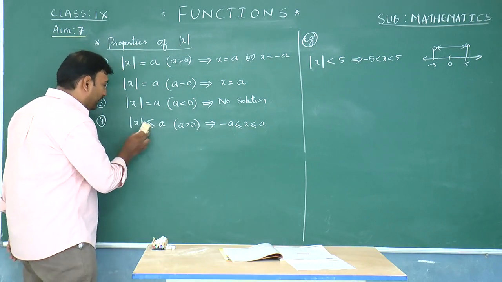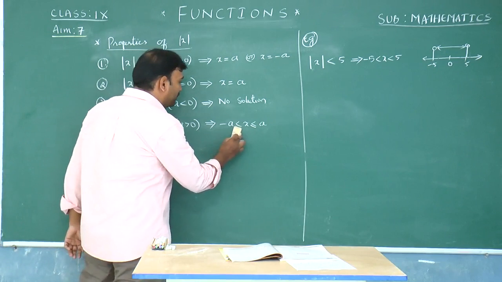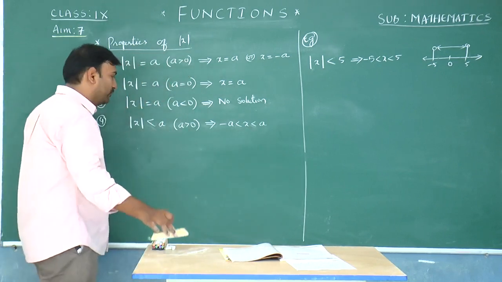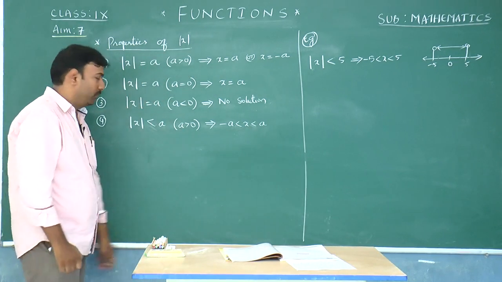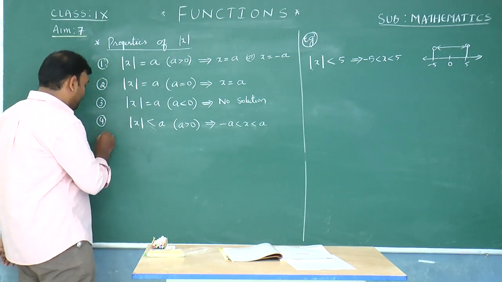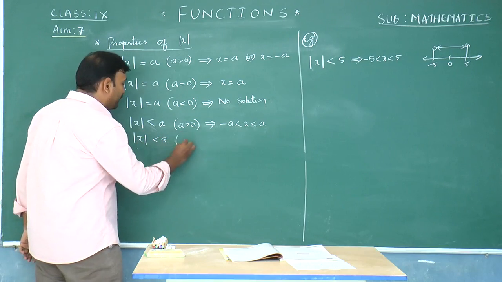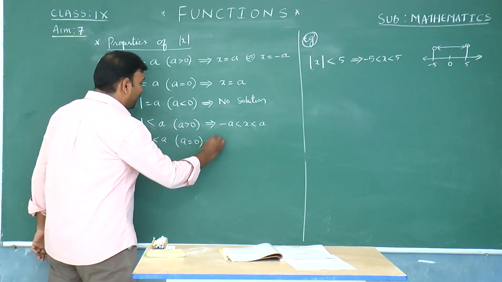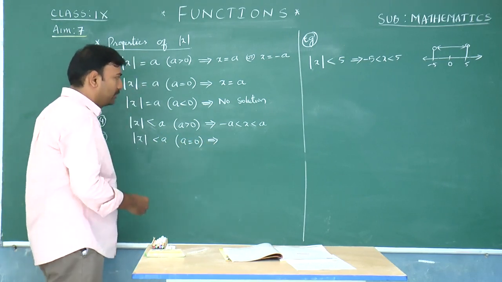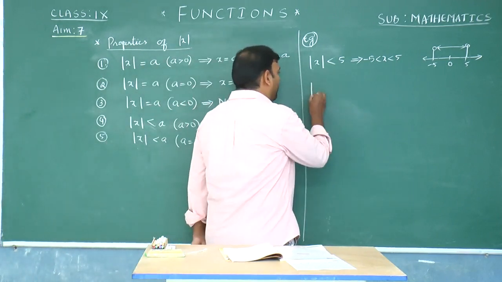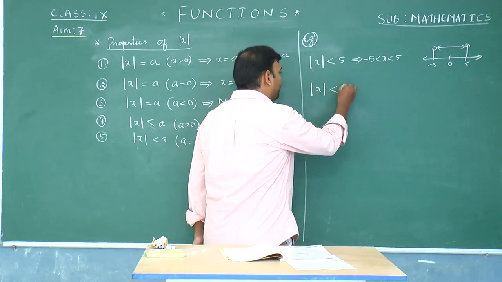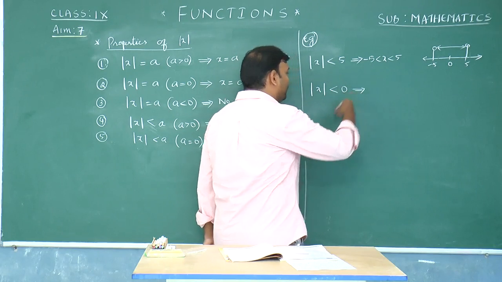So now coming to the next type of inequation, where a is not positive, that means a is 0. Let's suppose that I take mod x less than a where a is equal to 0. Let us try to do some example based upon this condition. Here I am going to consider an absolute value inequation where the right hand side is equal to 0.